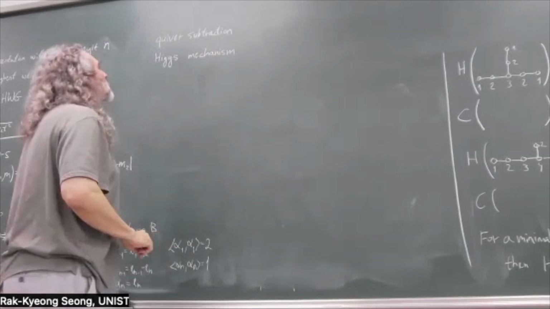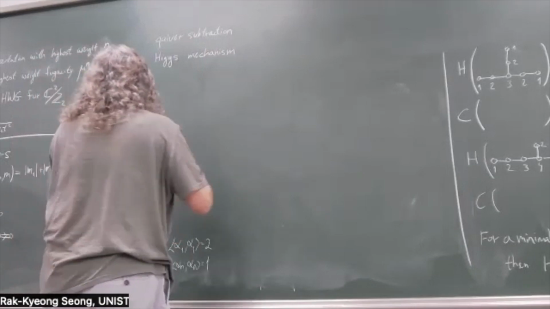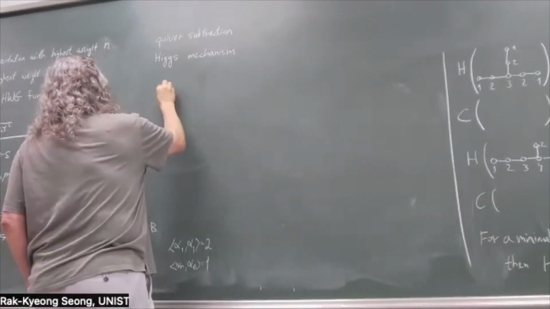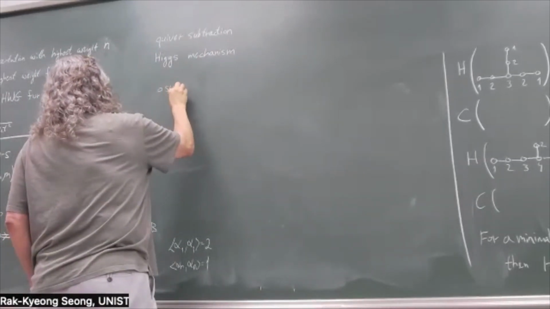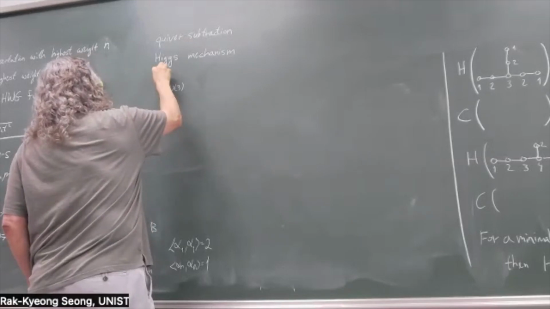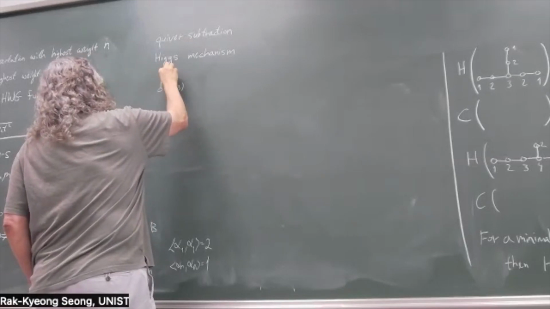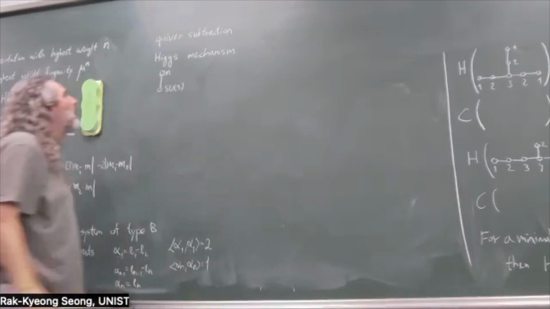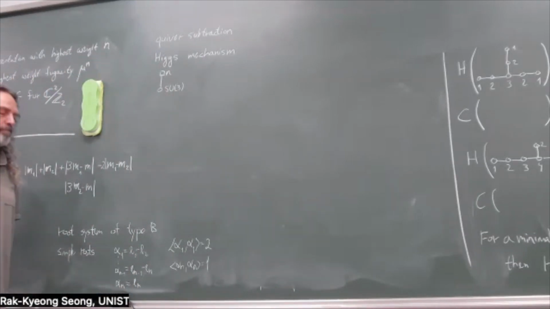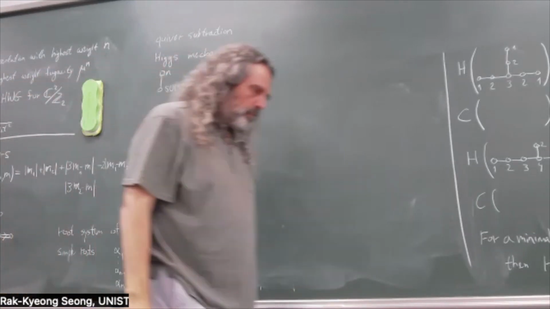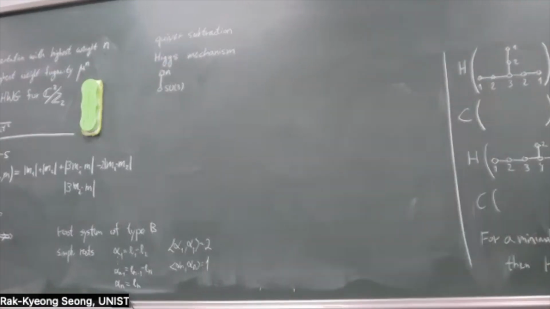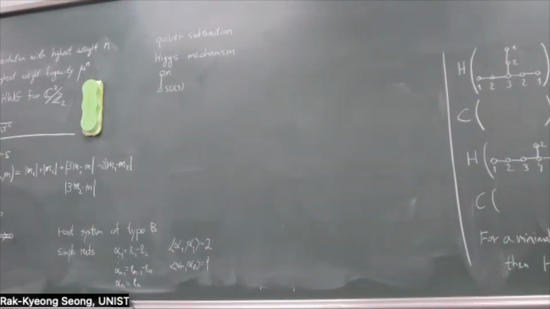And I will just take an example of SU3 with N flavors. Now, what does the Higgs mechanism tell us?